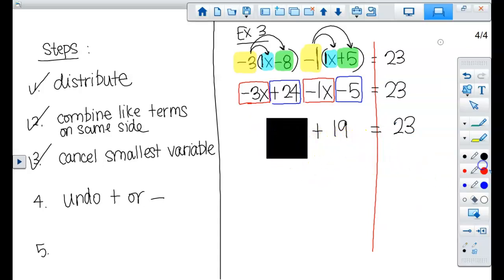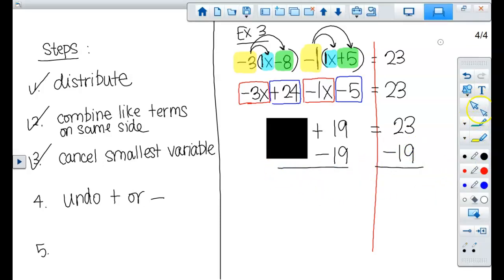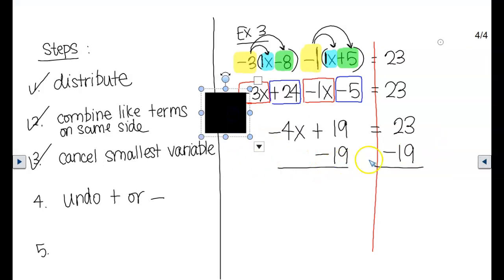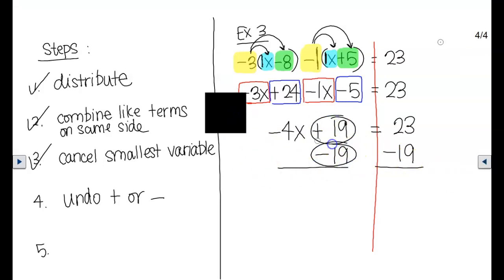I can see now that I have adding 19. I will undo that by subtracting 19, and I'll do that on both sides. The adding 19 and the subtracting 19 undo each other. So I have negative 4x equals 23 minus 19 is 4.